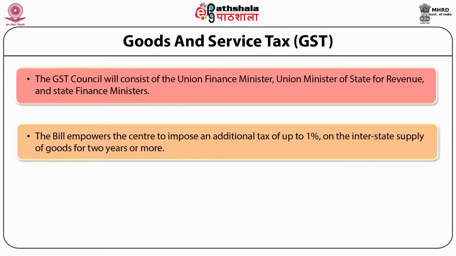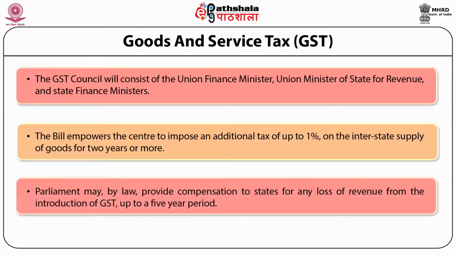This tax will accrue to states from where the supply originates. Parliament may, by law, provide compensation to states for any loss of revenue from the introduction of GST up to a 5-year period.